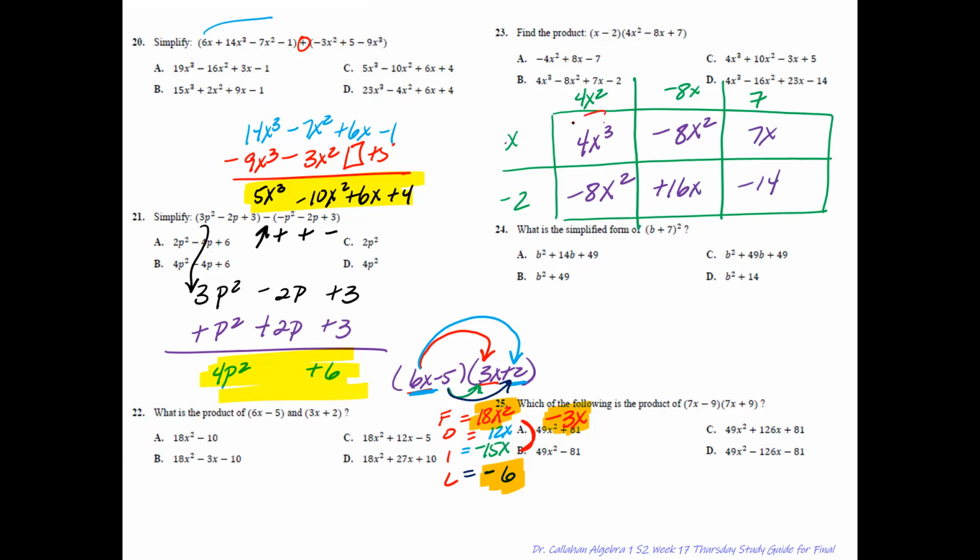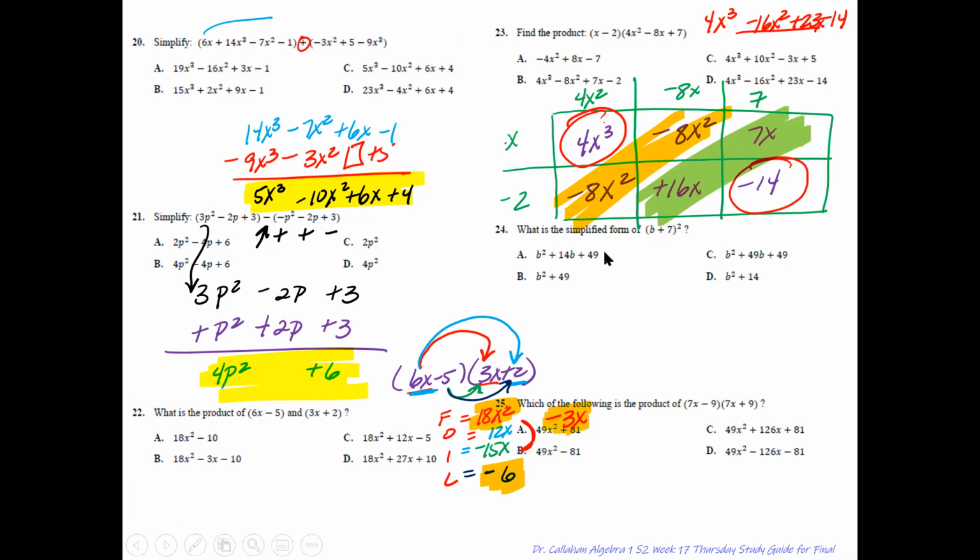Your first answer and your last answer are always at the very end. So that's going to give you a 4x cubed minus 14. I have a bunch of spaces in between, and then what I have is this part here, diagonal, and this part here. Those are going to be your two answers in between. So that's a minus 16x squared and a positive 23x. And that's your answer.